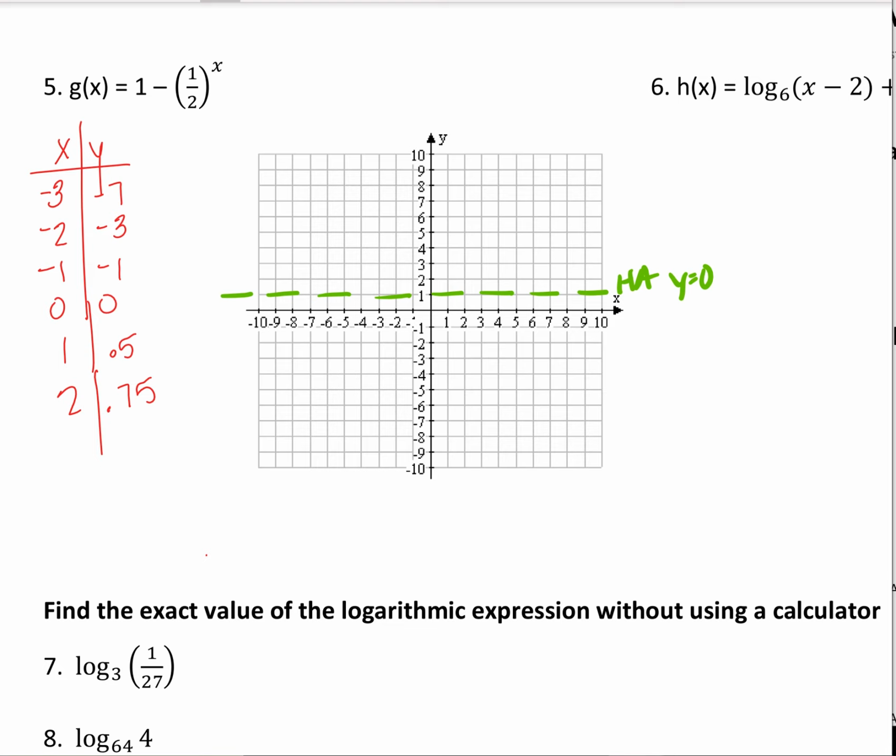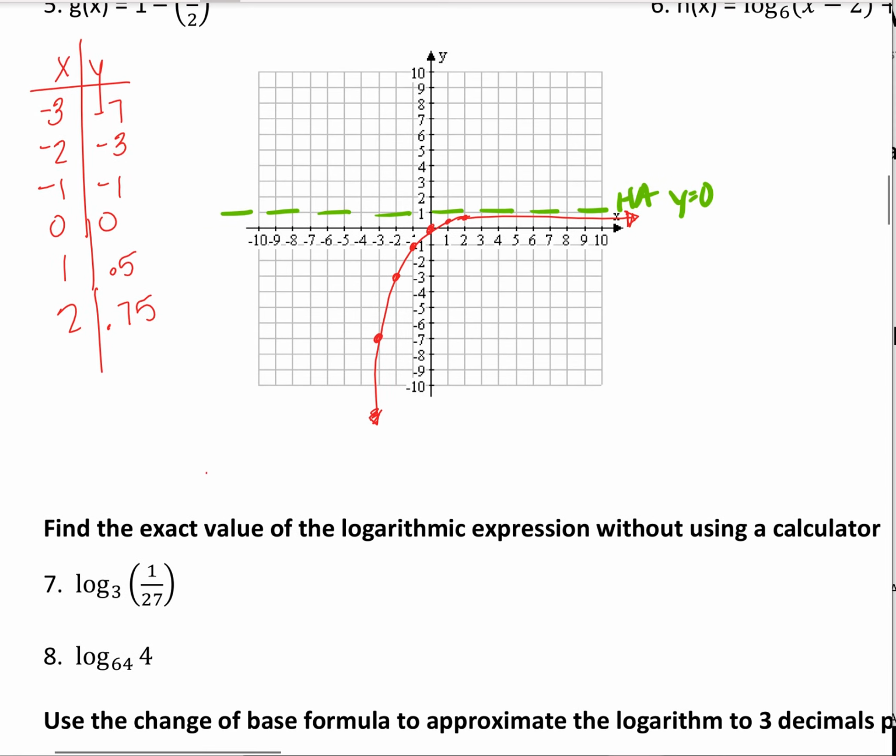And now I'm going to plot some of my points. -3, -7, -2, -3, -1, 1, 0, 0. 1 is 0.5, 2 is 0.75. All right, now take and connect all your dots. Be sure that you have arrows on the ends because they go on continuously.